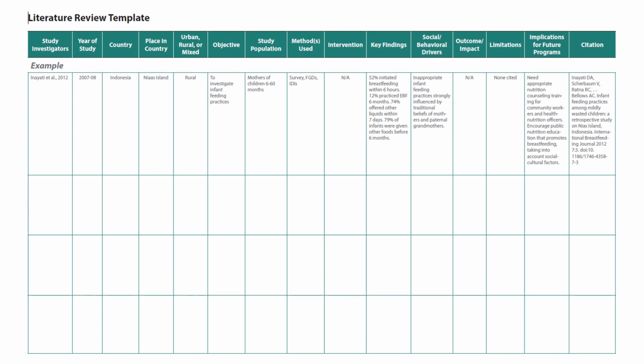For every single paper that will finally be included in your literature review, you would document the study investigators, the year of study, the country of the study, the place in the country, whether it's urban, rural, or mixed, the objective of that study, the study population, the methods used, the type of intervention, if any, key findings, any social and behavioral drivers, for example, outcomes and impacts mentioned within the paper and limitations mentioned in the paper, implications for future programs mentioned, and the citation of the paper.